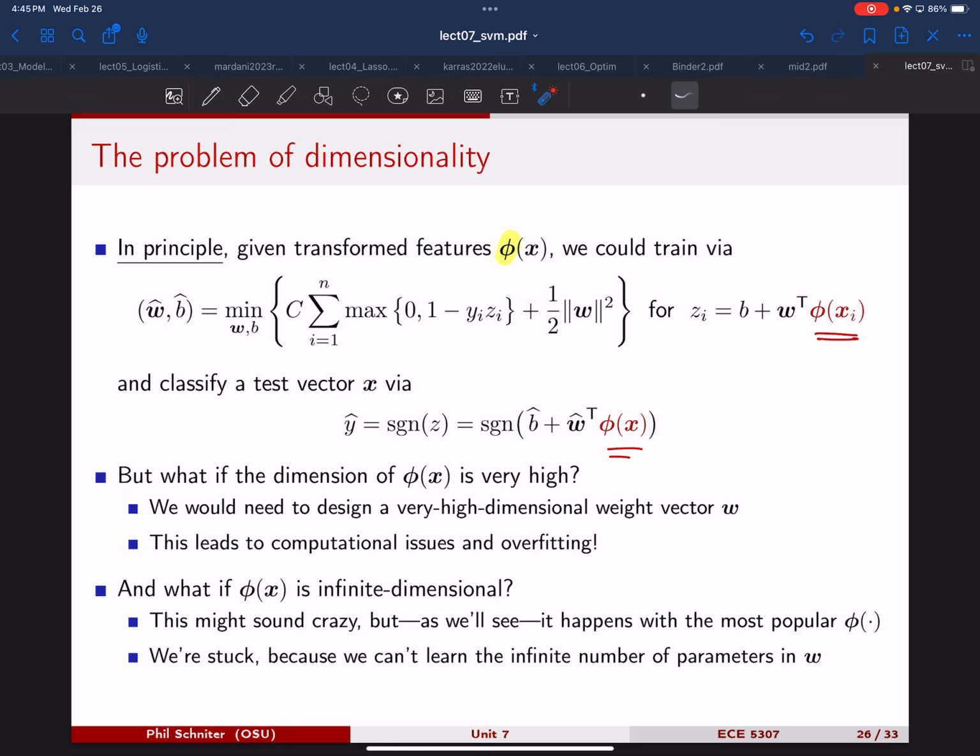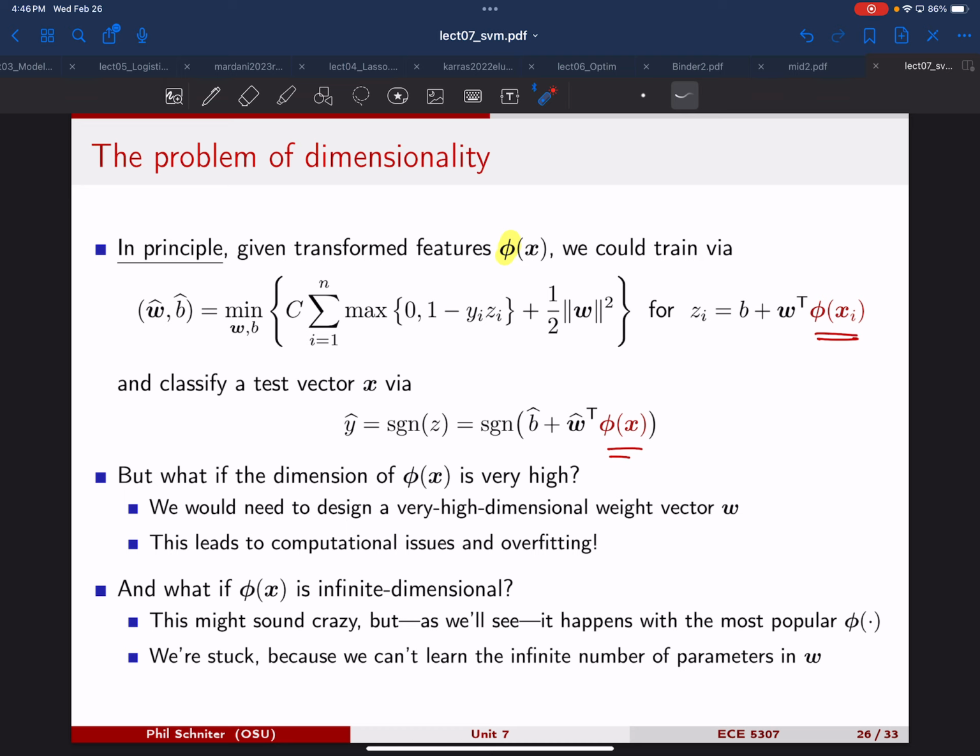I could look at the 384 raw pixels, then I could square all the values. Now I have 2 times 384. But then I could also consider all the cross products between one pixel and another pixel, like x1 times x2, that's a new feature. x1 times x3, that's a new feature, and so on. And if I do that, I have 384 squared features. So now you can see the feature dimension is just exploding once you start imagining all the things you can do to try to transform your data.